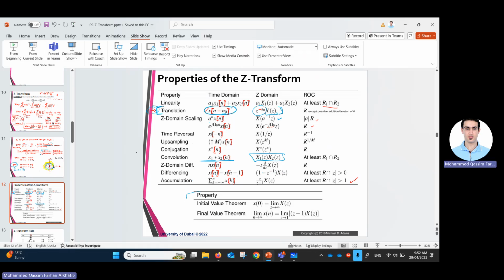We have the initial value and the final value theorems. So x of 0 for any expression, just find the limit of x of z as z approaches infinity. Final value, just evaluate this expression. We don't usually, again, deal with those. The widely used ones are this one and this one.